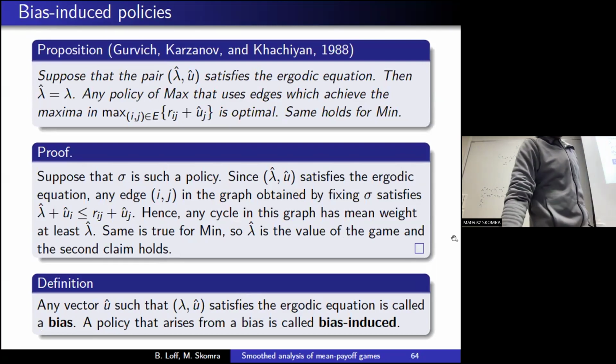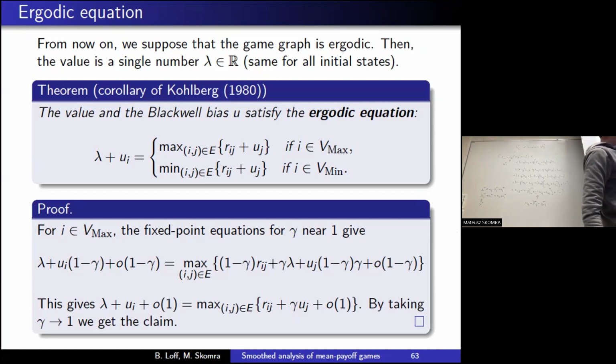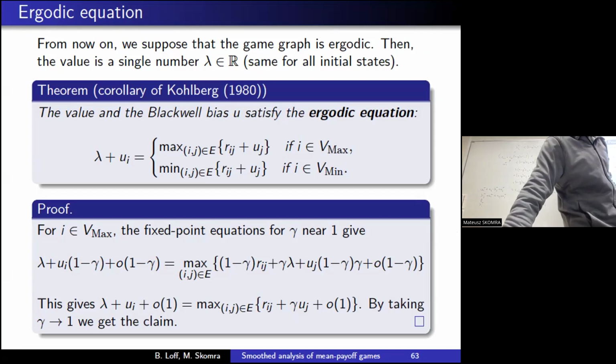Once again, lambda plus u_i is the max, so it is higher than every edge here, and I defined the policy such that this is an equality. So lambda plus u_i is greater than r_ij plus u_j for every single edge of my graph.